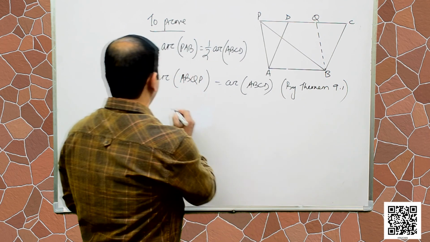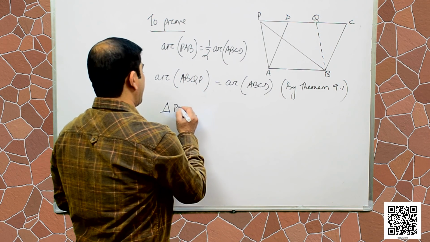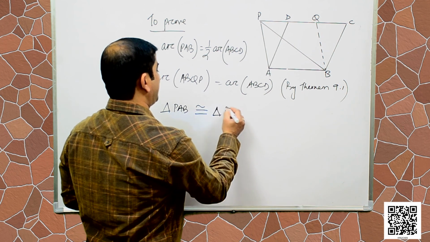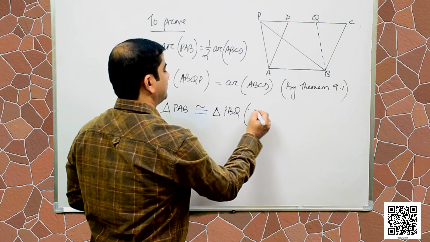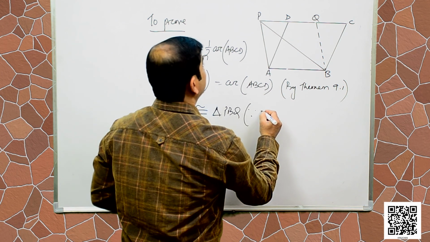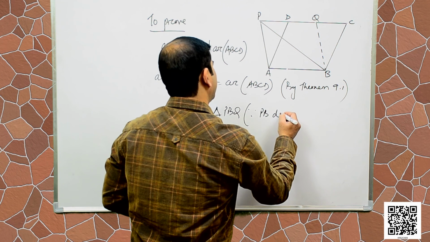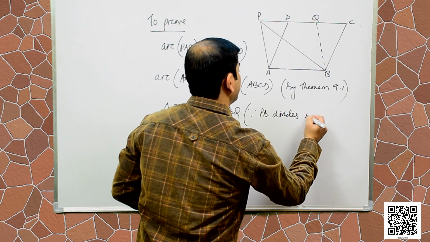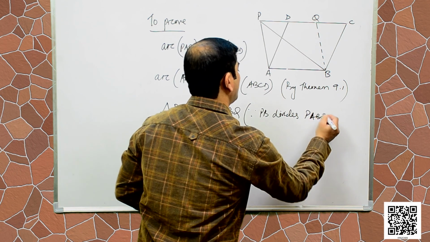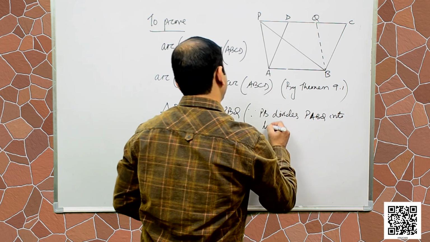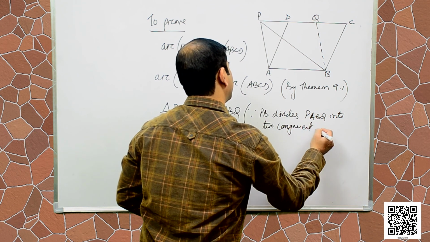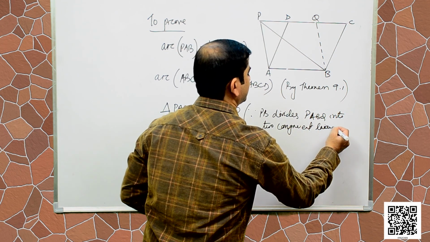So triangle PAB is congruent to triangle PBQ because PB divides ABQP into two congruent triangles.